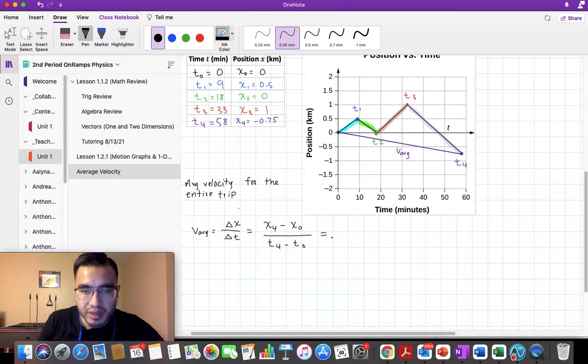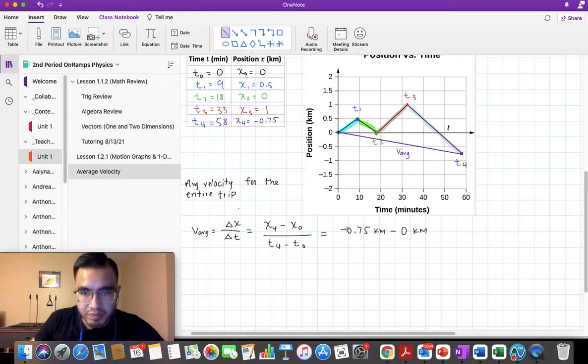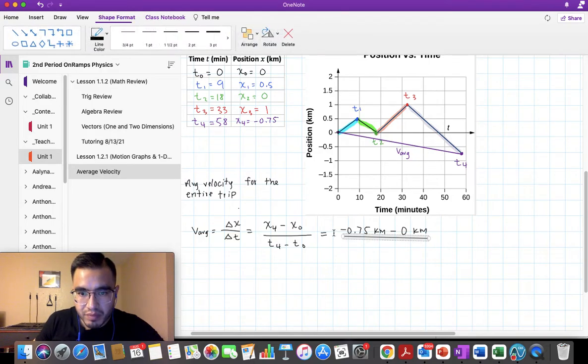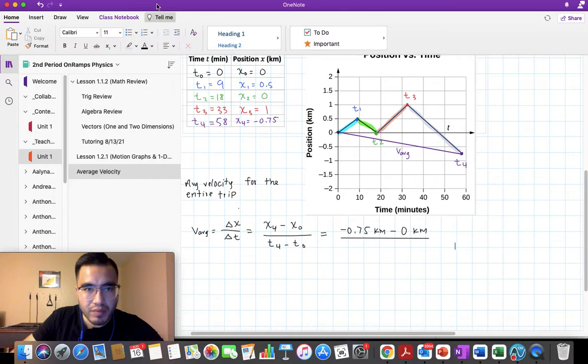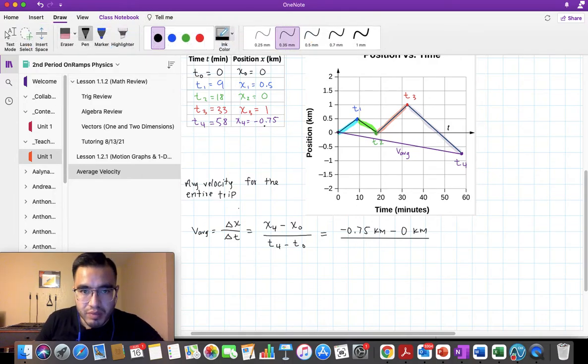And this will be negative 0.75 kilometers, don't forget the units, minus 0 kilometers, divided by T4, which is 58 minutes, minus 0 minutes.